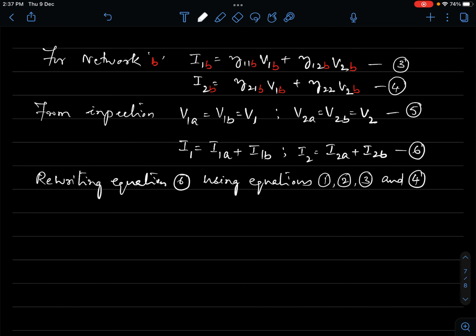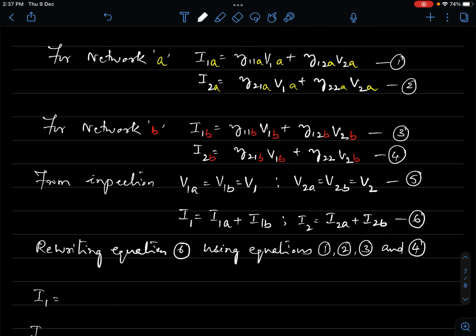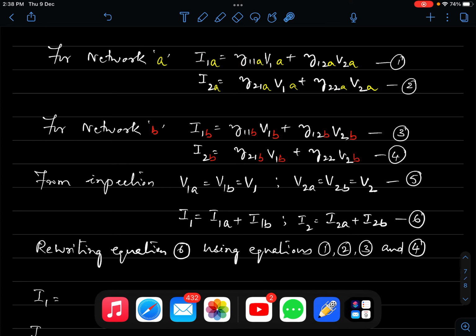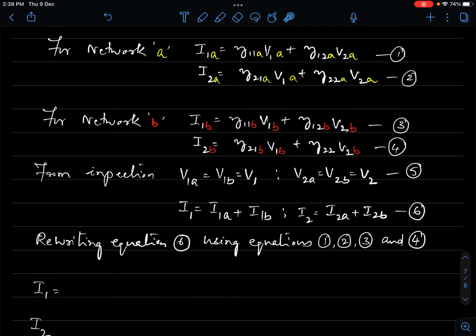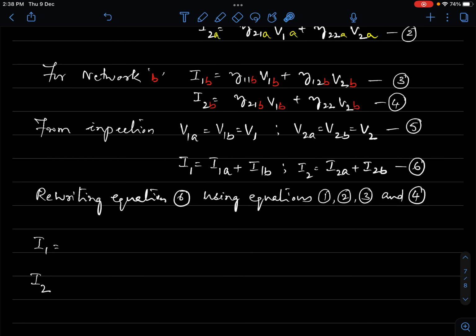What is my I1 equal to? I'll try to get an equation for I1 and an equation for I2. So I1 equal to I1A. What is I1A? I'll make use of equation 1. So I1 equal to equation 1, Y11 V1 plus Y12 V2. I'll put the suffixes a little later so that I won't make any mistake.